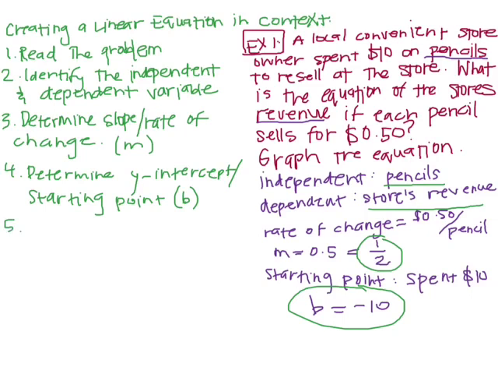I'm ready to move on to my 5th step, which is to substitute m and b into slope-intercept form. So into y equals mx plus b. Let's move to a new page to do that, and I'm going to pull up a graph here.